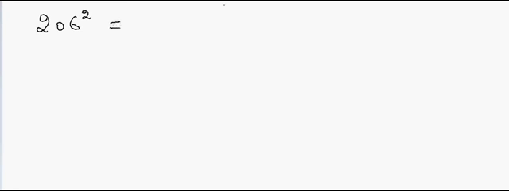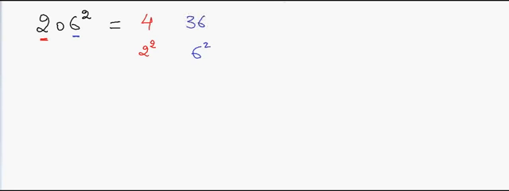In that case, first I'll look at the first digit, and I will take the square of the digit. So the square of 2 is 4. Then I'll take the last digit and take the square of that digit. So the square of 6 is 36, right?